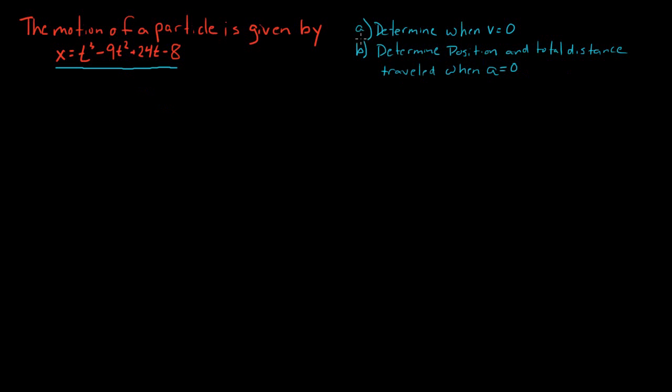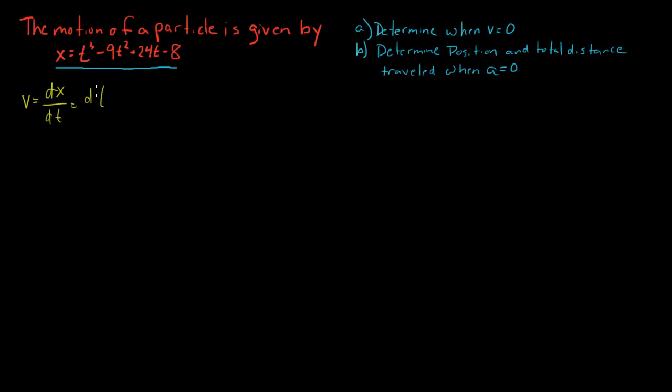Part A is pretty straightforward. Velocity is the derivative of x, the derivative of the position, and we're given the position right here. So velocity is equal to dx/dt, and we know x is this equation right here.